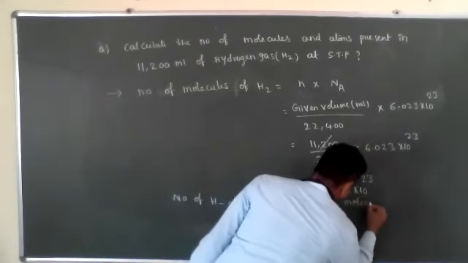Carbon contains how many electrons or protons? It has 6 electrons or protons because it is neutral.